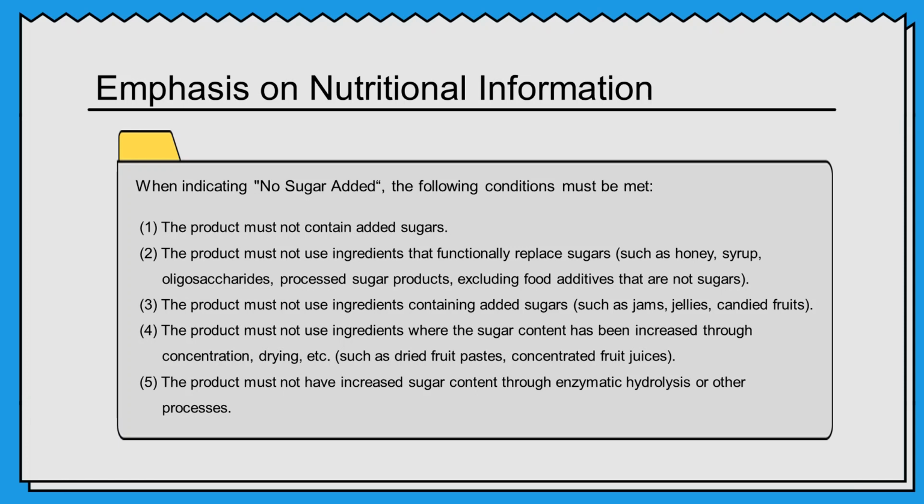The third, the product must not use ingredients containing added sugars such as jams, jellies, candied fruits. The fourth, the product must not use ingredients where the sugar content has been increased through concentration, drying, etc., such as dried fruit pastes, concentrated fruit juices. The fifth, the product must not have increased sugar content through enzymatic hydrolysis or other processes.